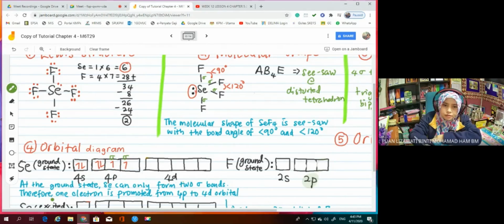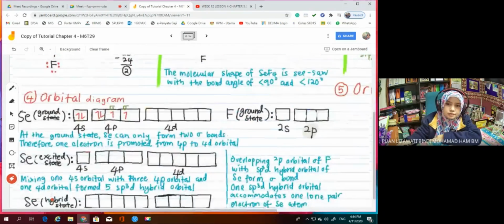However, when we refer back to the molecular shape, SeF4 forms 4 sigma bonds with one lone pair. So one electron from the 4p orbital has to be promoted to 4d. That's why you have to draw the 4d orbital even though there is no electron in it.